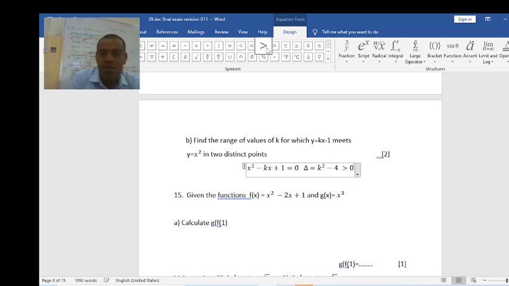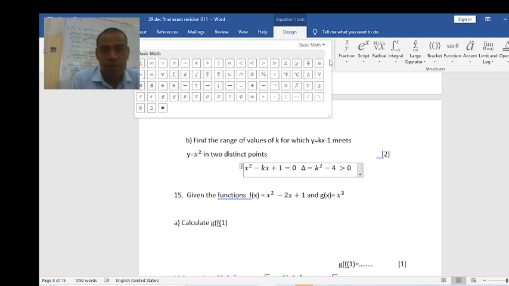Therefore delta equals k squared minus 4, which should be more than 0. So to solve this inequality, it's very easy. You know that this one is negative between the two roots and positive outside the roots. So therefore, what is the answer?